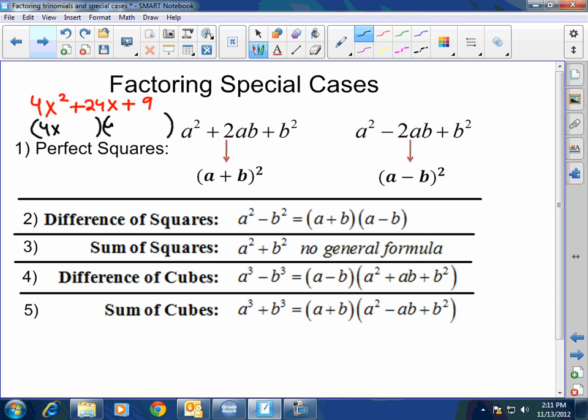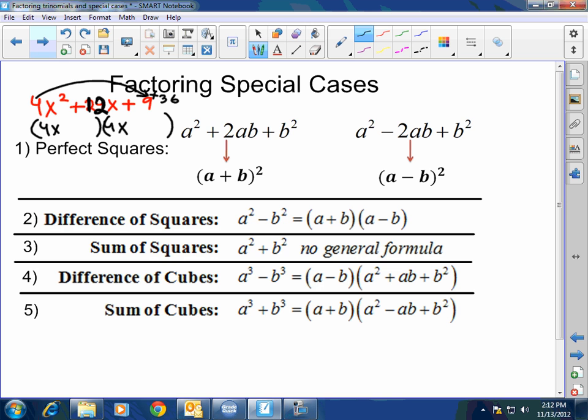So can't I go like this? 4x and 4x. 4 times 9 is 36. What times what is 36, but when added together is 24? Wait, did I do this right? No, sorry. This should be a 12 in here. My bad.